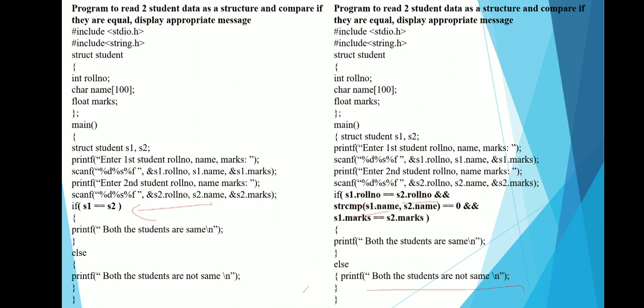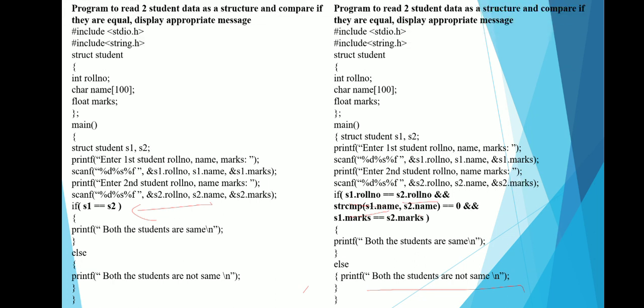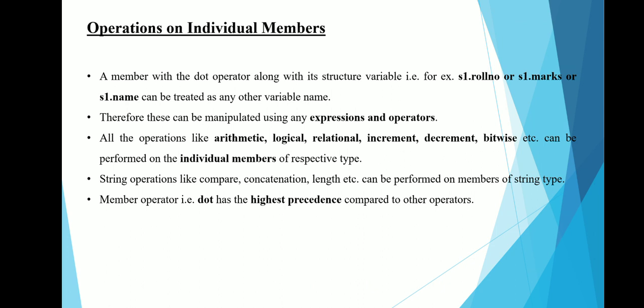So this is permitted in C language. That's why I will get the end result. So if at all you want to compare two structure variables, then you have to compare their members individually. This is very important.